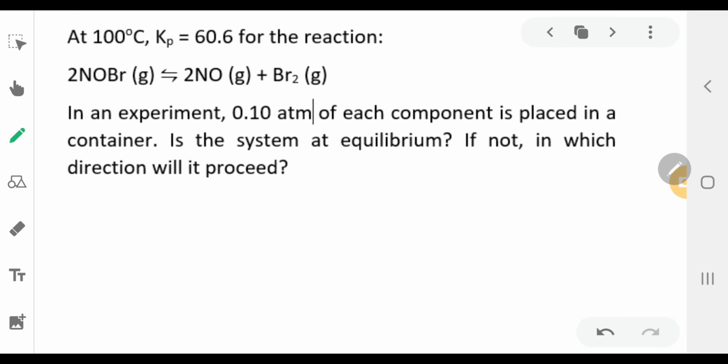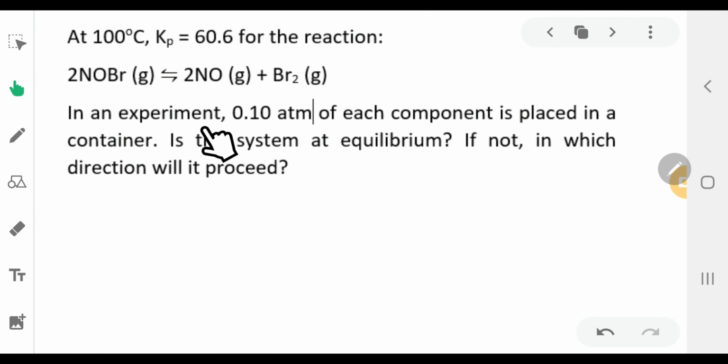So next question, let's have a look at this one. Over here it gives you the value of Kp for the reversible reaction we have when the 2 NOBr gas decomposes to form 2 mole of NO gas and bromine gas.